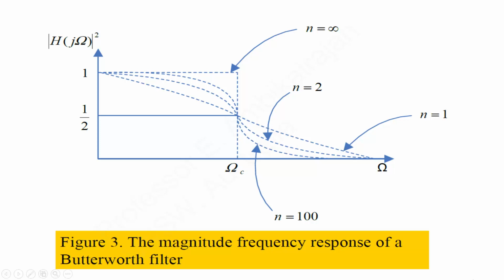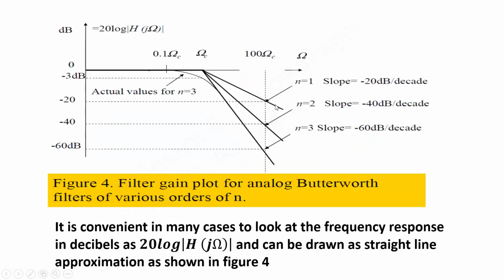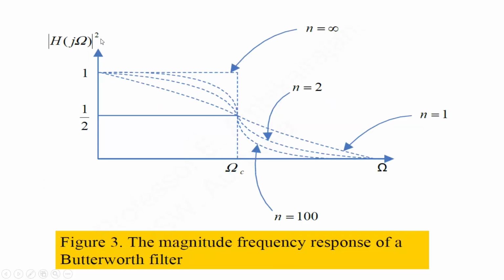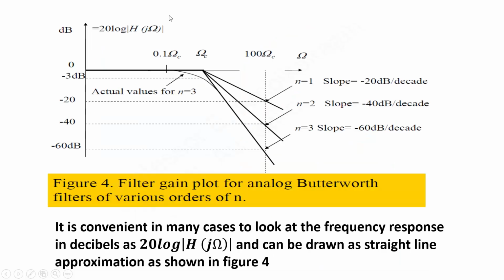The magnitude response of a Butterworth filter with various values of n. Now this is also one way of representation of the same kind of concept in the logarithmic scale. Along the y-axis is the gain. This is basically equivalent to voltage. The previous curve is equivalent to power because it is squared, and here it is only the magnitude.